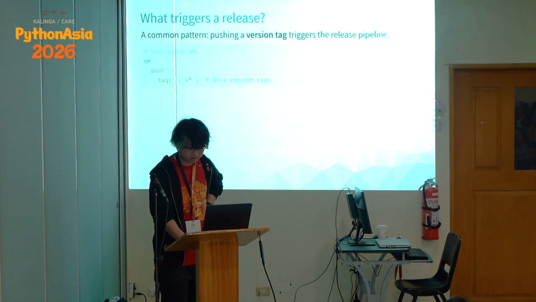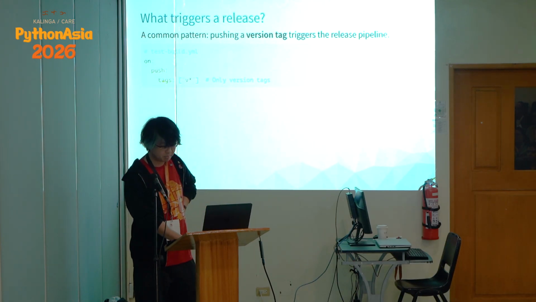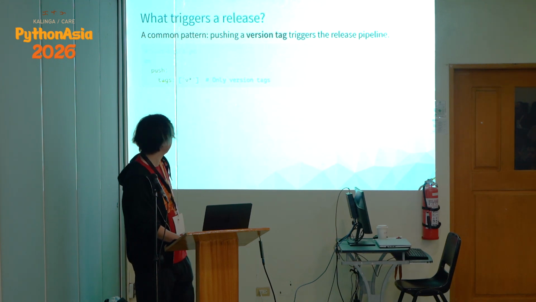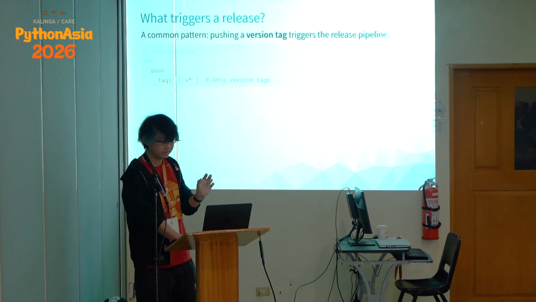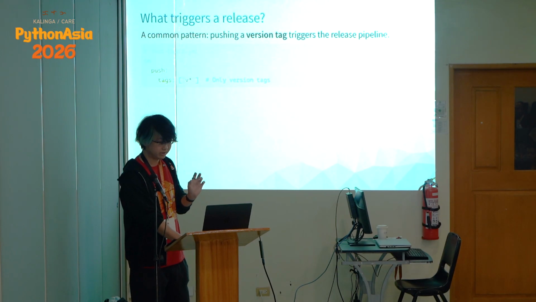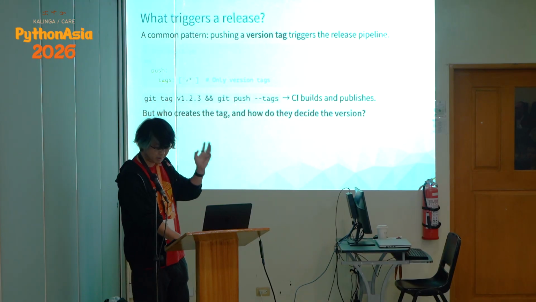OK, so we've got builds. But what actually kicks off the release? A common pattern is tag-triggered releases. For example, you push a version tag to the Git repository, then CI triggers the release pipeline.